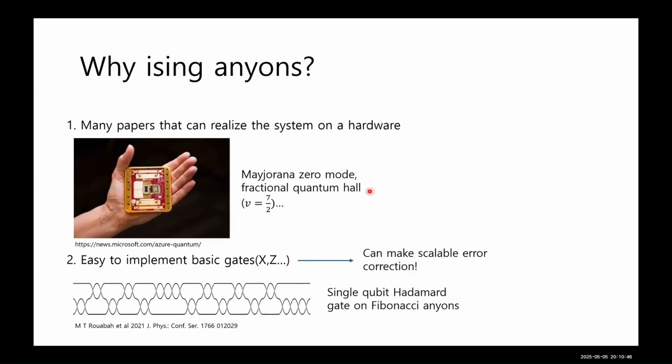And the second reason is that it's really easy to implement base gates. Even if the anyons have a universal quantum gate set, some anyons are very difficult to implement even single gates. So this is the picture of the Hadamard gate using Fibonacci anyons. It's really hard to make even single gates.